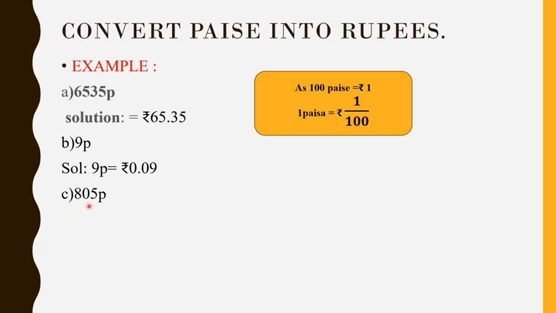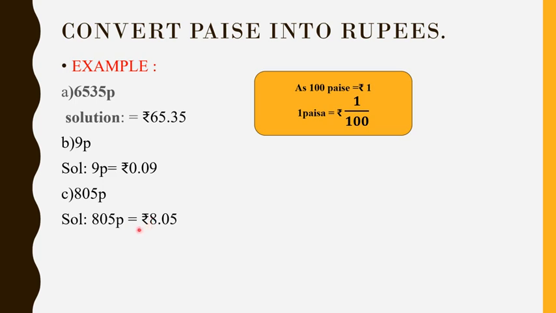Let's take one more example. It is a 3-digit number, 805 paise. How are we going to solve this? We are going to count from our right side 2 digits, 1, 2, from the last digit, the last number 5. 1, 2, and then we are going to put a dot and write the rupees symbol in the beginning of the number, in front.